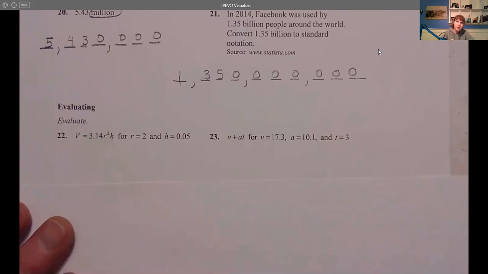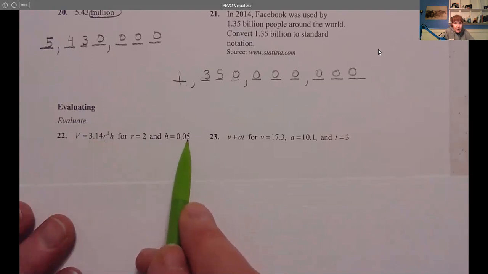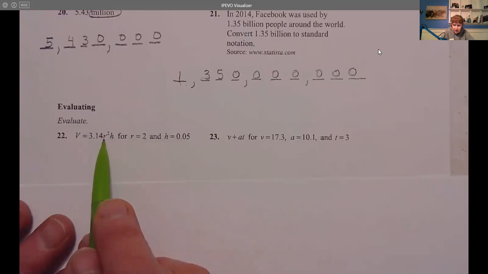So they want you to be able to use formulas. It's not really too difficult. What we're going to do is say that the radius is 2. They're not giving us any units, just 2. And the height is 0.05. So I'm going to take these and substitute them in for the r and the h and use our PEMDAS.